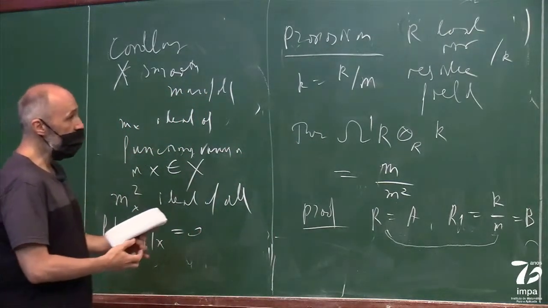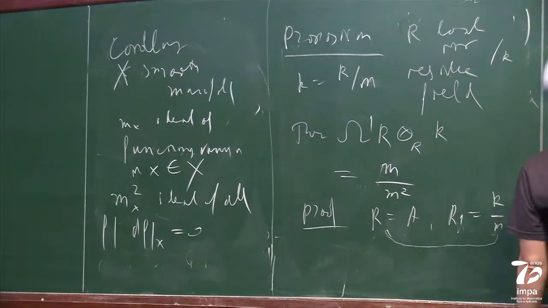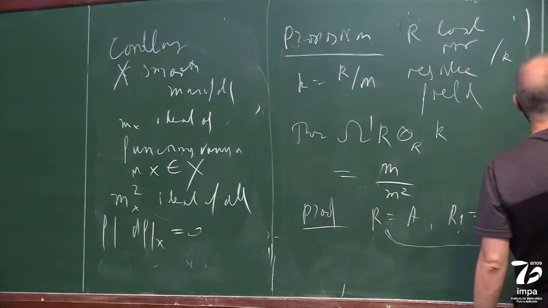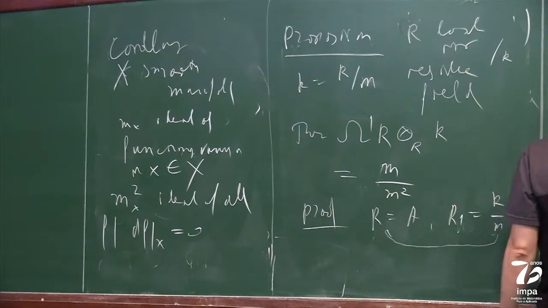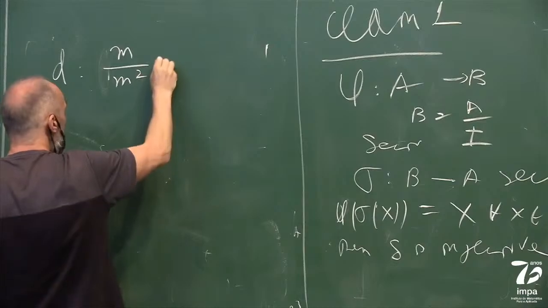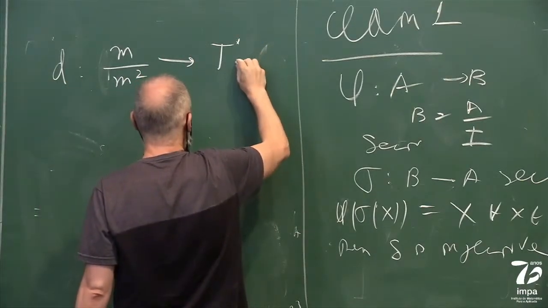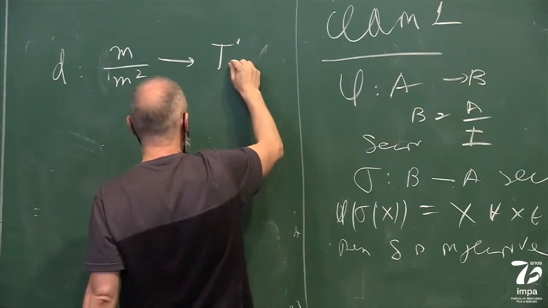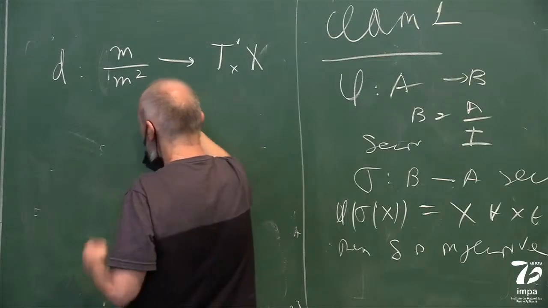Okay, so this means that you have a natural map, the differential, from m quotient by m squared to T star of this Zariski cotangent space, and this is an isomorphism.